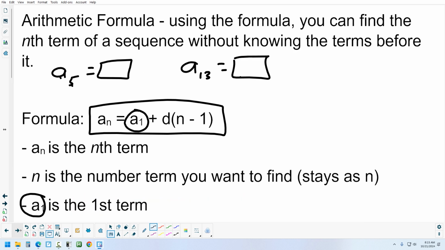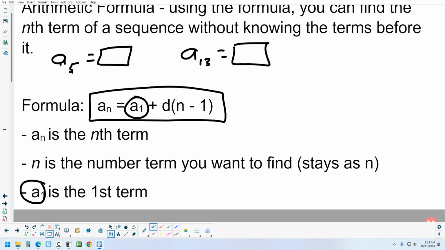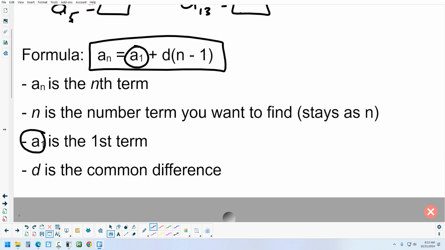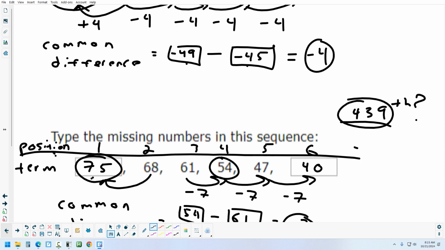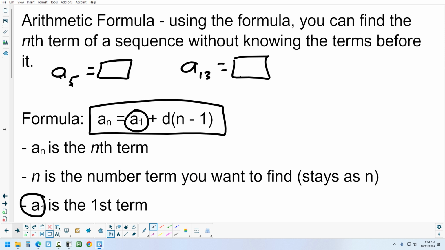The other thing that you need to find is the common difference. That's what D is. So that's what do you do each time as you're moving to the right. Remember, to find the common difference, take any term and subtract the one that comes before it. That's how you find the common difference. What else?